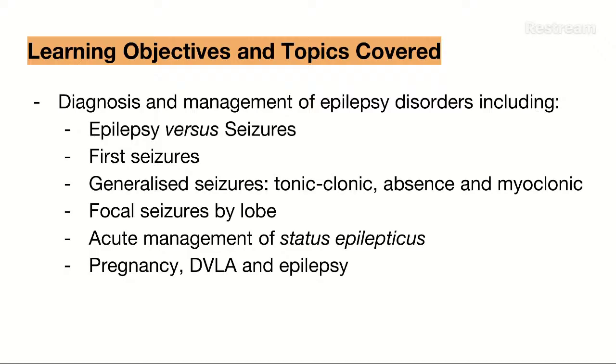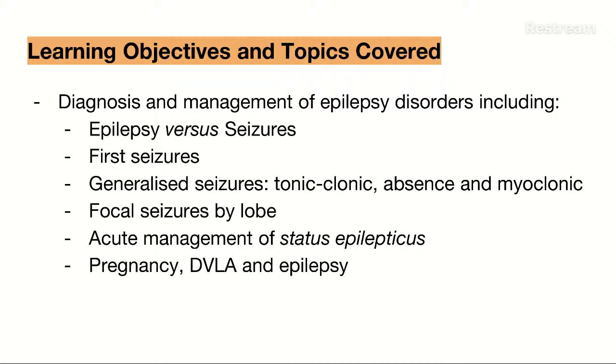So in terms of our learning objectives, I've outlined these on this slide. Firstly, we'll clarify the difference between a seizure and epilepsy, which are related but distinct concepts. Then we'll discuss the approach to a patient presenting with a first seizure, including key aspects of the history and investigation. We'll look at both generalized and focal seizures.